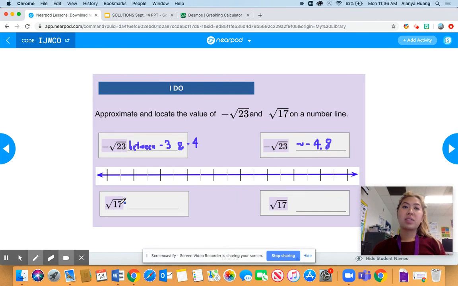And square root of 17, to figure that out, we have to figure out the perfect squares that are closest to it. So 4 squared is 16. 5 squared is 25.